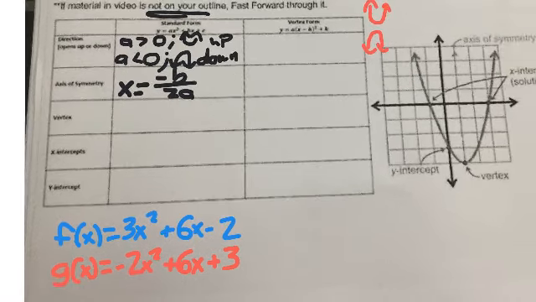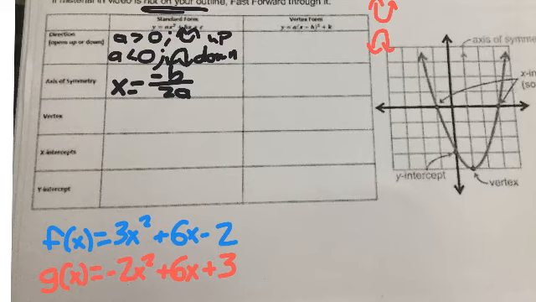The formula for the axis of symmetry. So, for instance, in the first equation, f of x, it would be negative 6 over 2 times 3, which is 6. So negative 6 over 6. The axis of symmetry would be at x equals negative 1. It would be right here.